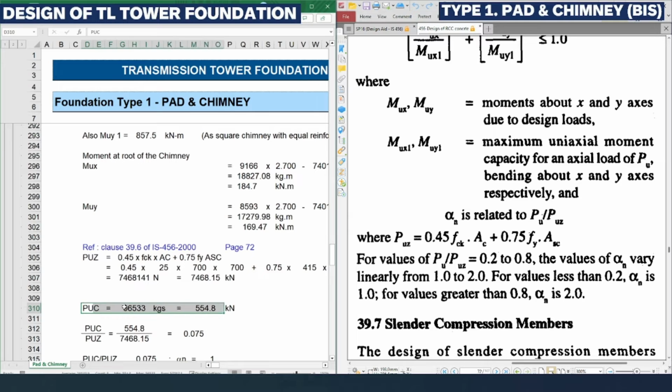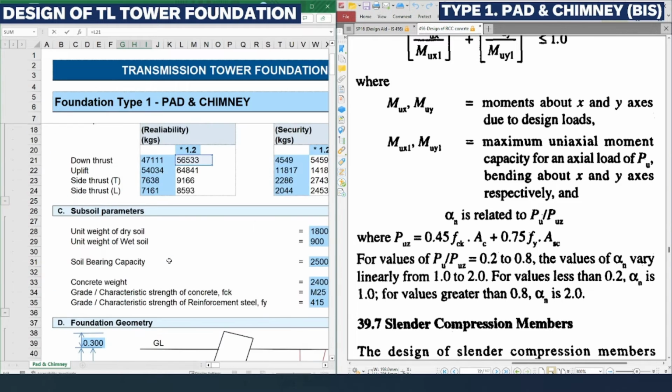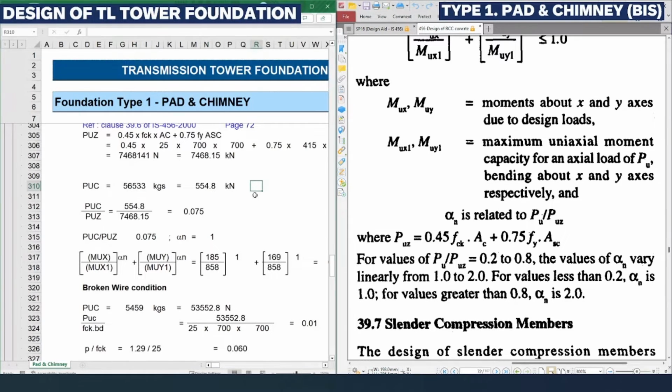Next, we need to calculate the PUC, which is nothing but the Pu in the right hand side PDF file. This PUC we get from the data we already have from the structure loadings. It is the down thrust, which we convert from kg to kilonewton by dividing by 101.9, so we get 554.8 kilonewton.